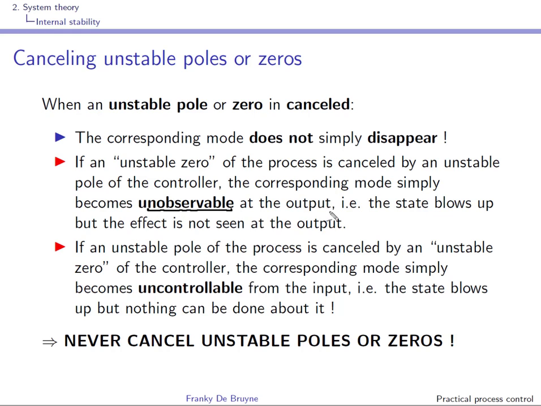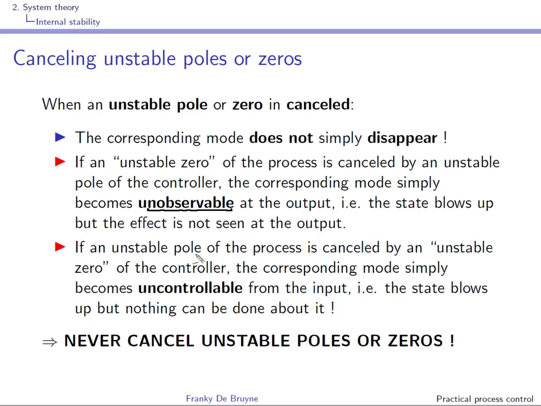This is problematic because the mode will blow up and it will not be seen at the output. Of course, because the system is slightly nonlinear or because the cancellation is not perfect, after some time you will also see this state that is blowing up at the output.